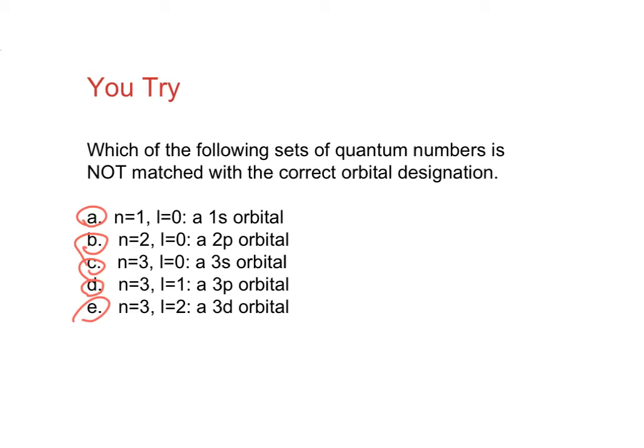All right, let's see. If n equals 1, it's perfectly fine to have an s orbital, l equals 0. That goes okay. Energy level 2, we can also have an s orbital. l equals 0 means s orbital. Whoops, that's a mistake. That would be a 2s orbital, the right way to describe it.